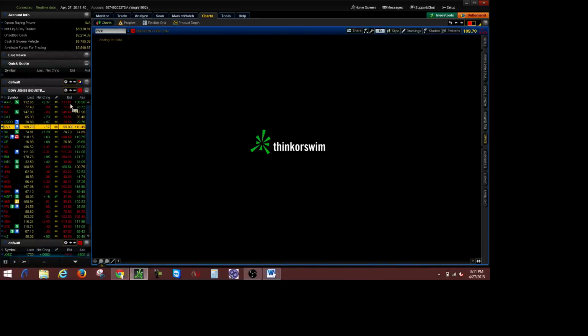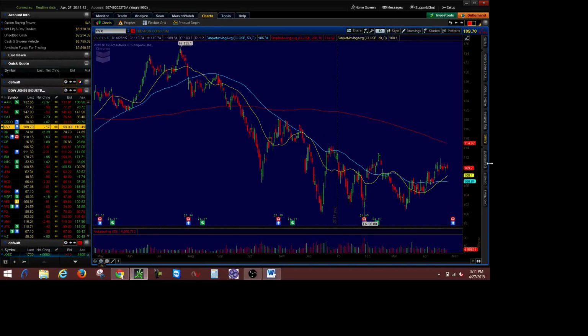So CVX, Chevron, is your energy stock, right? And energy is just booming lately. UWTI, crude oil, has been on a major nice short-term uptrend, and it's working out pretty nice.